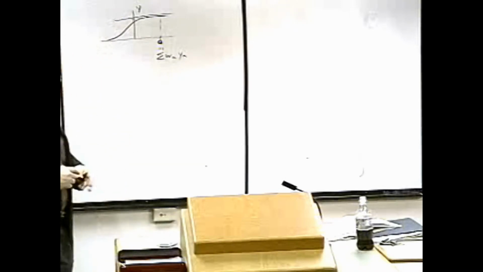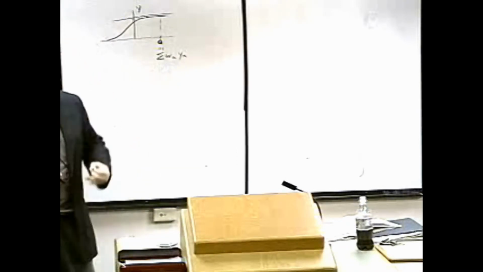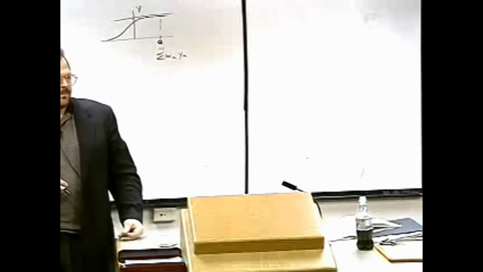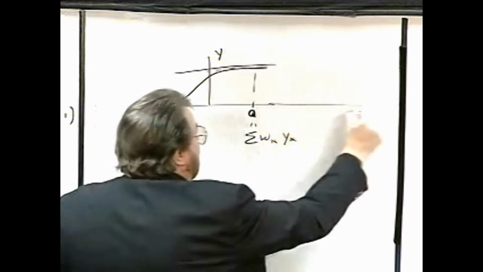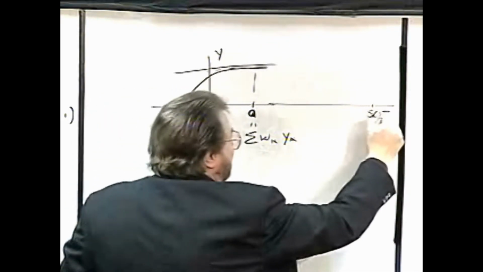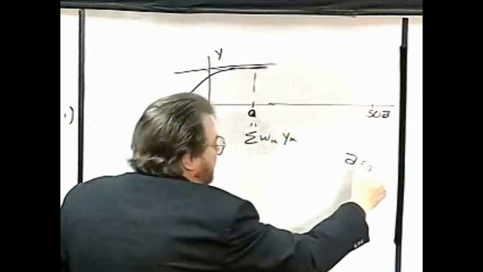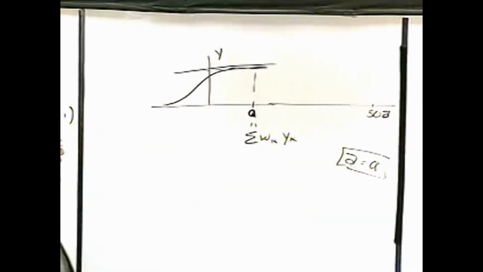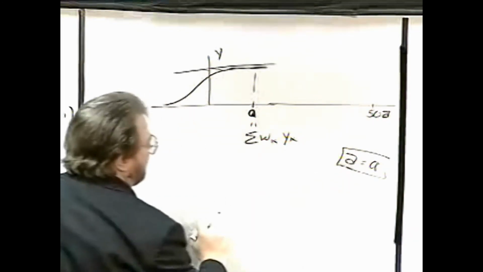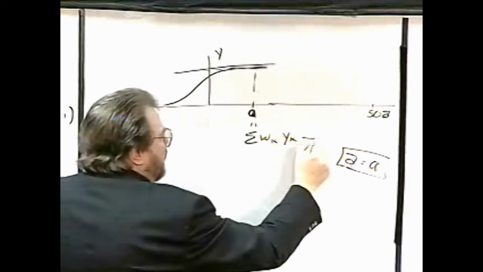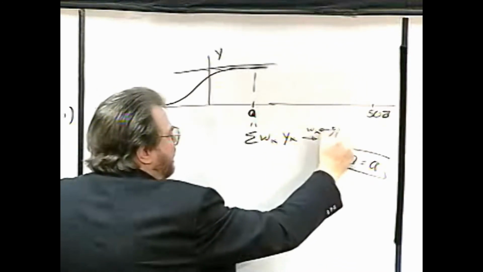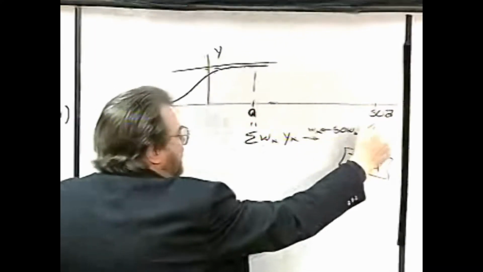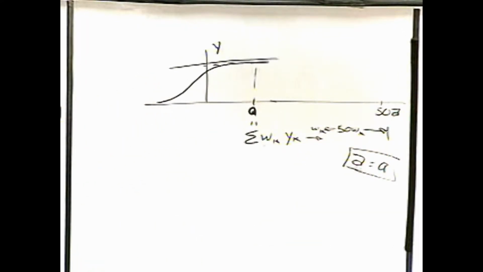Now, what happens if you take each of these weights and you increase each of those weights by a factor of 50? What's going to happen is that instead of being here, you're going to be at 50 times A. If you multiply all of the weights by 50, in other words, replace each of the weights by 50 W_k, then we're going to end up here at 50 times A. Do you agree with that?